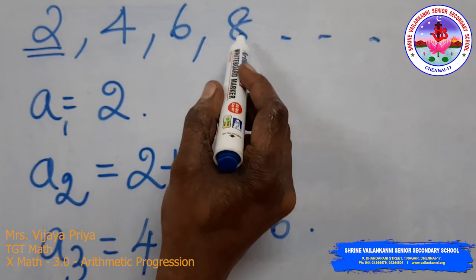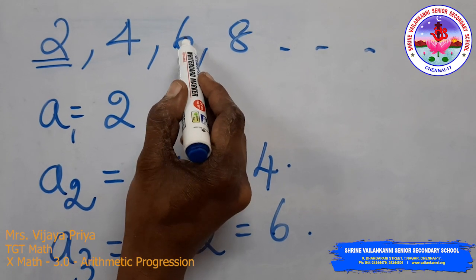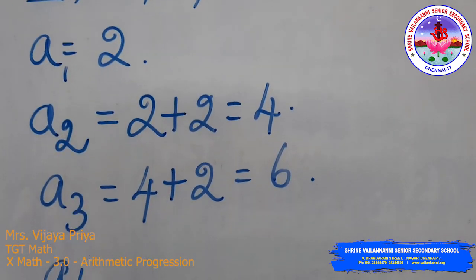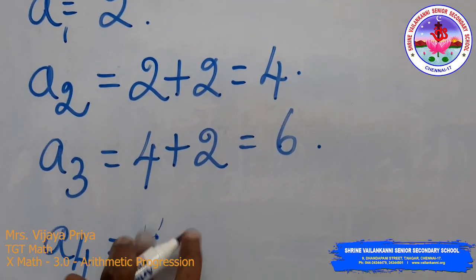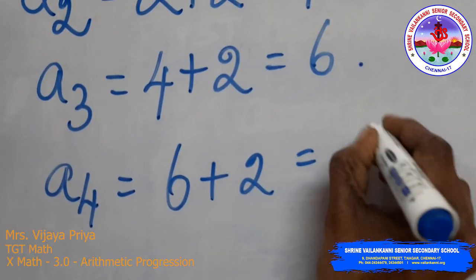My fourth term is 8, obtained by adding 2 to the third term, so A4 is 6 plus 2, which is 8.